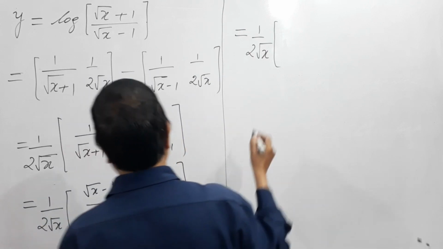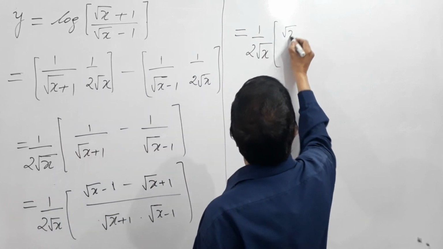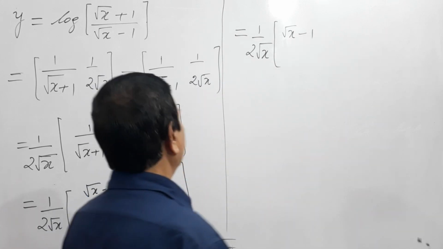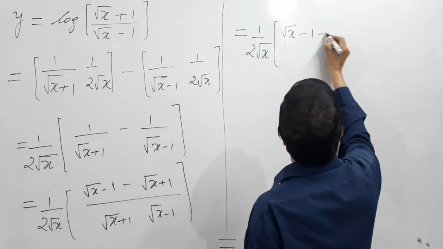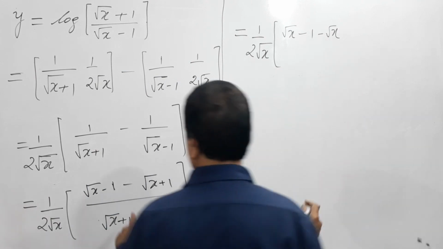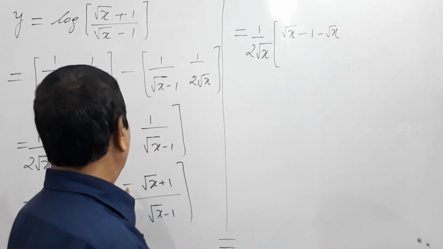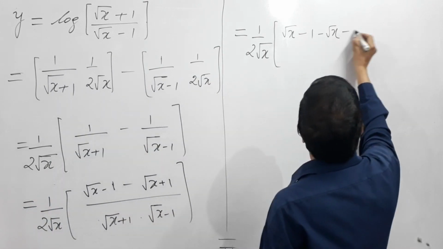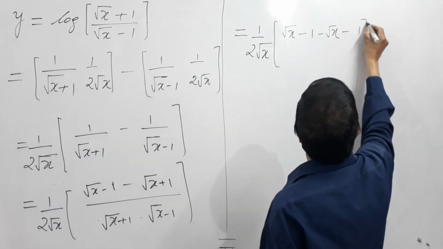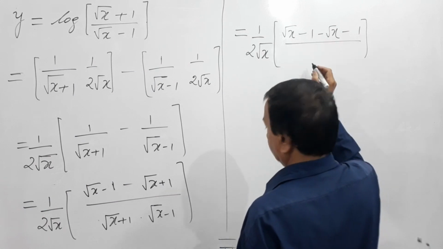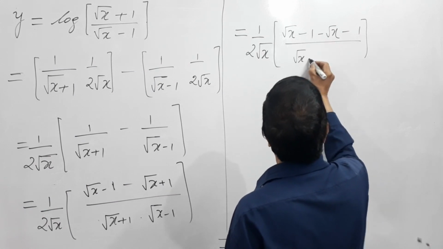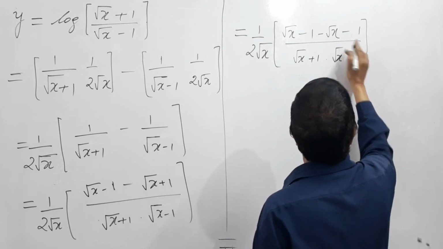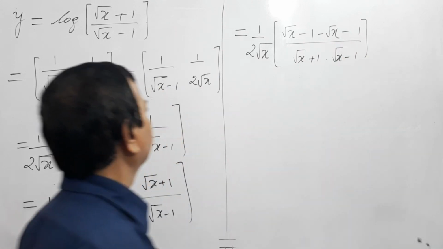So I'll remove the bracket, that is root x minus 1, so minus root x minus 1, and this becomes minus into plus, minus 1 by root x plus 1 into root x minus 1.